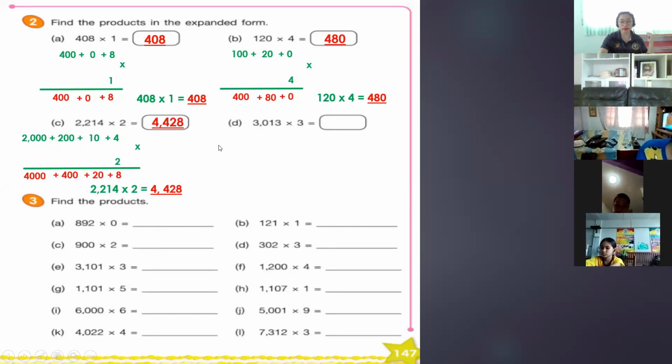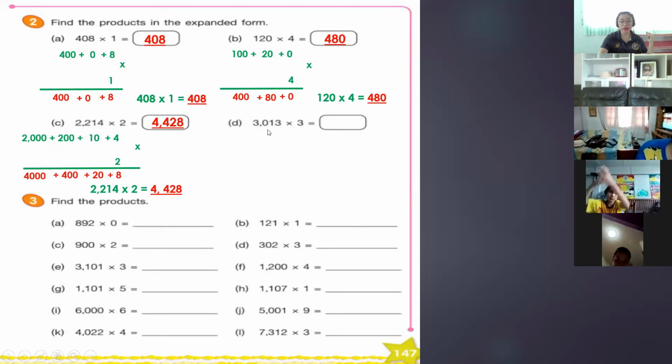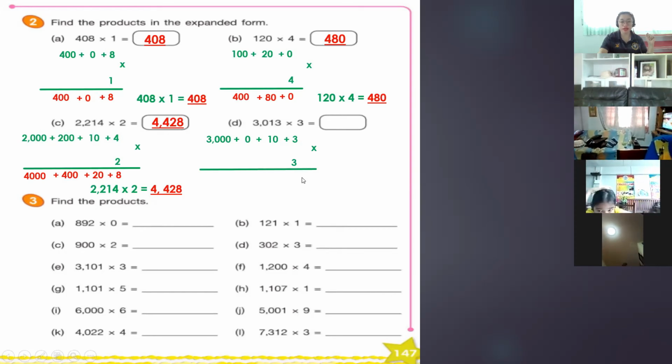And letter D, we have 3,013 multiplied by 3. What is the expanded form of 3,013? We have 3,000 plus 0 plus 10 plus 3, multiplied by 3. 3 times 3 is 9. 3 times 10 is 30. 3 times 0 is 0.